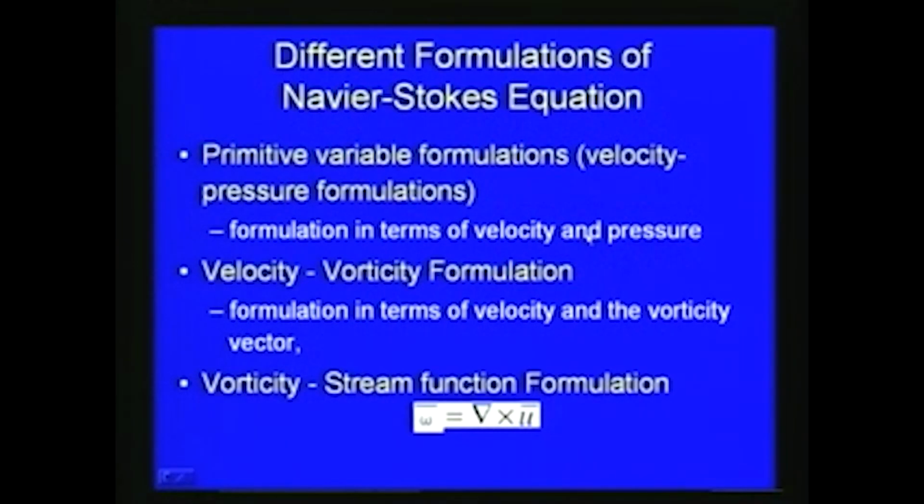So, before going further to the applications of the Navier-Stokes equations, we will here discuss different formulations for the Navier-Stokes equations. We have seen the most commonly used formulation of the Navier-Stokes equation, which we derived earlier in 2 dimensions, and then we extended the equations to 3 dimensions.